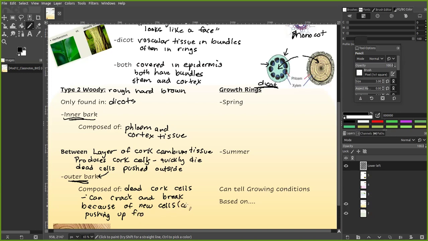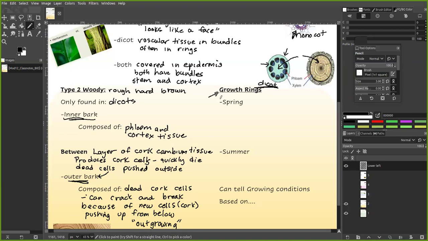Remember, those are new cork cells. It's just showing you that the tree is outgrowing, or the bush is outgrowing the old bark. And this is where growth rings come from, is these cork cambium cells filling in and growing bigger.